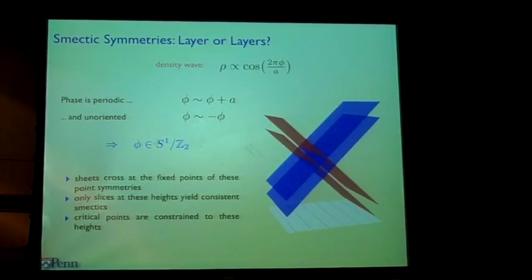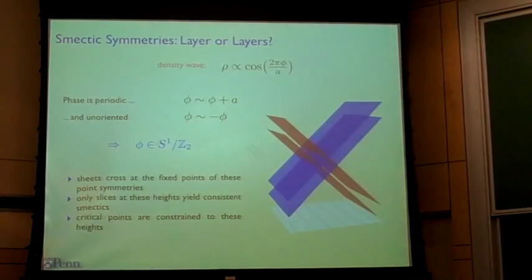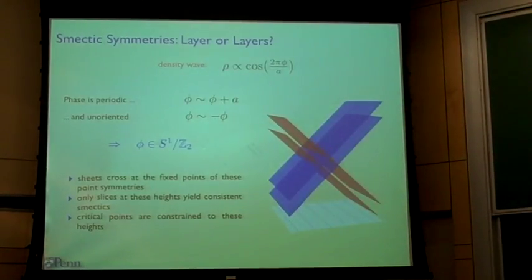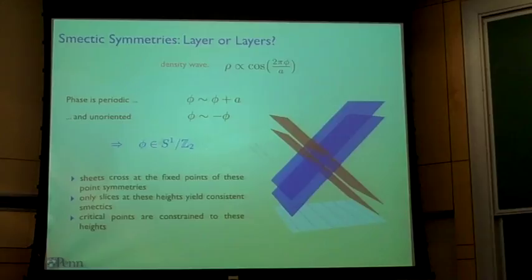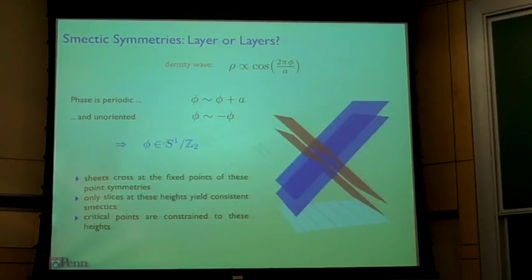So it turns out that if I were to draw the space that the things lived on, right? So phi goes to phi plus 1 as a symmetry. Phi goes to minus phi as a symmetry.